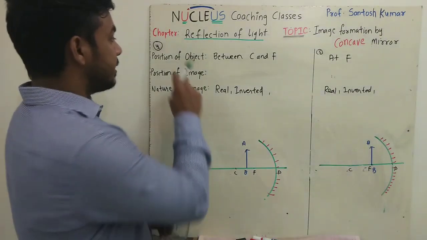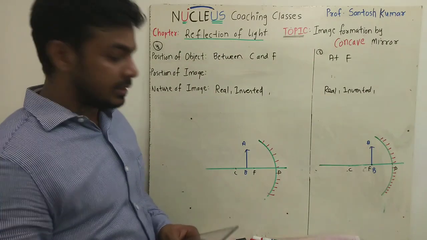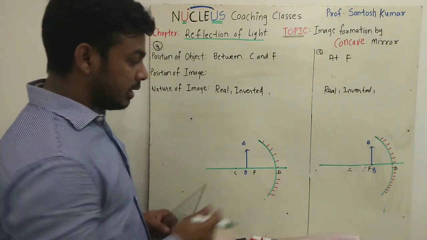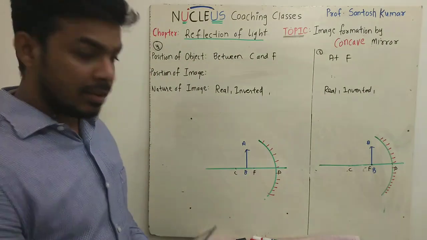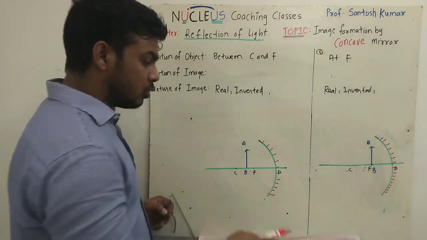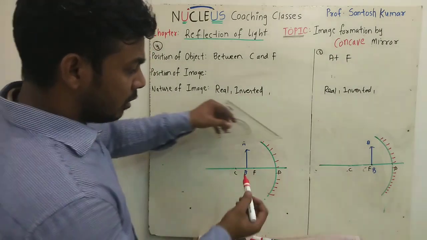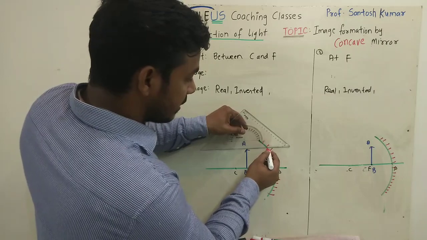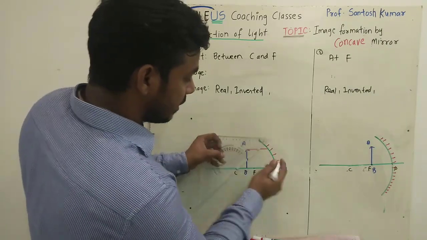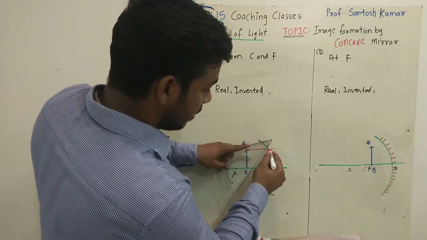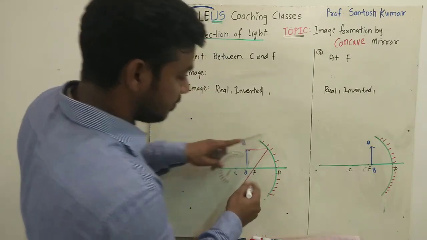Now let's talk about the next case where the object is placed between C and F. So I have drawn a mirror and I have located an object between C and F. I have to use the rules to draw the ray diagram. What rule will I be using? That the ray passing parallel to the principal axis, after reflection, will pass through F, right?